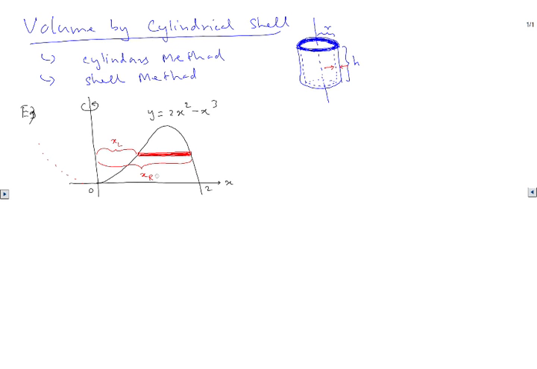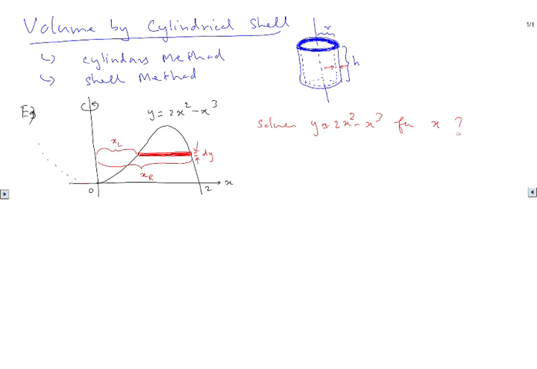The thickness is dy, which means you have to integrate with respect to y, so you have to solve for x. So you have to solve y equals 2x squared minus x cubed for x.